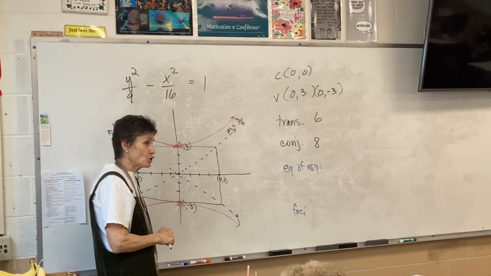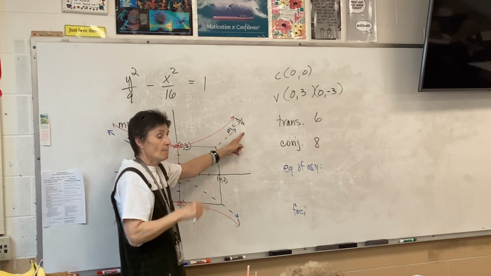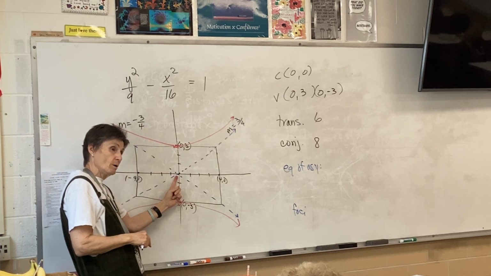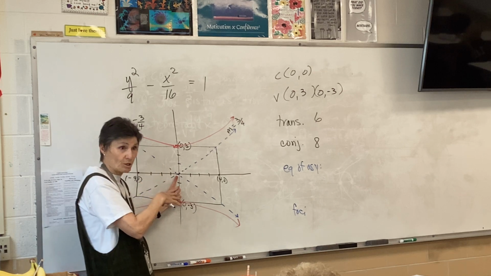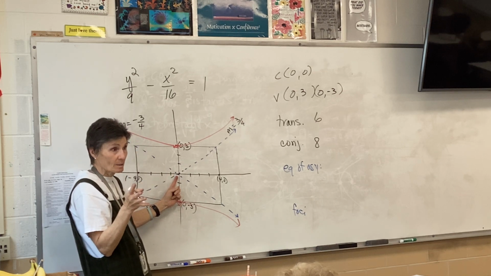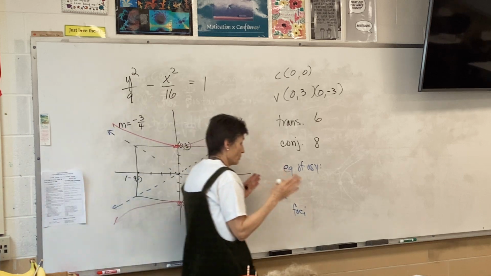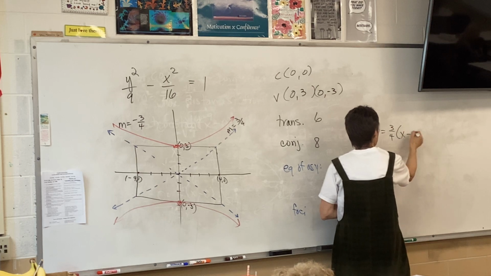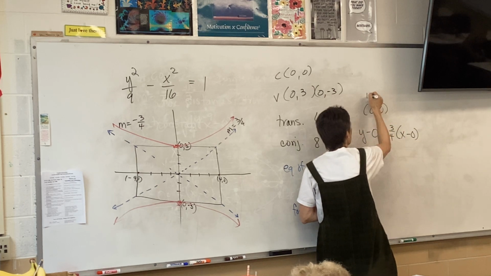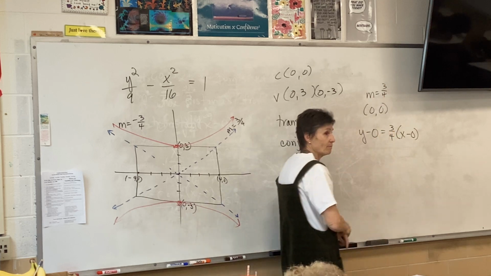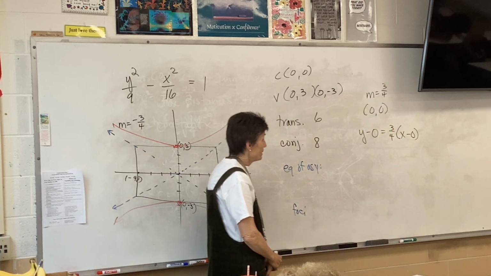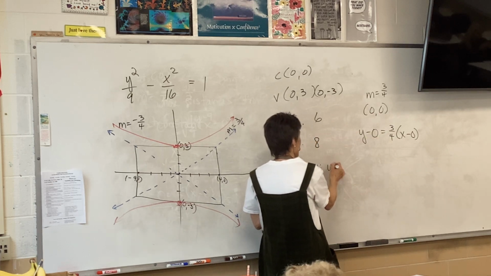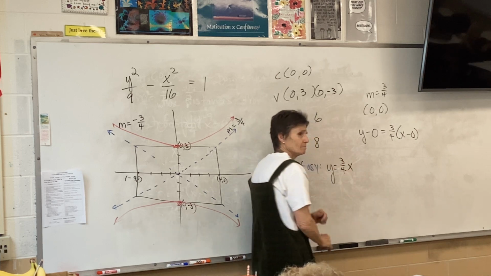Now to write the equation, you need the slope, got it? But you also need a point. What point are you always going to know? Well, in this case, it's the origin. It will always be the center. So, y minus y1 equals slope times x minus x1. Your point is the origin, your slope is 3/4. I'm doing the positive one first. Now, normally we have to do a lot of cleanup work there, but because those are zeros, isn't it just y equals 3/4 x?